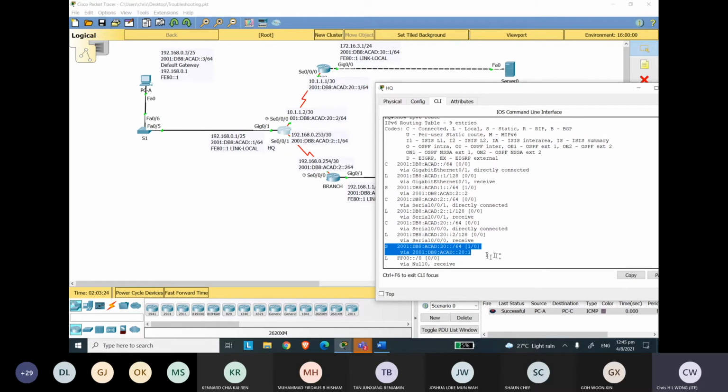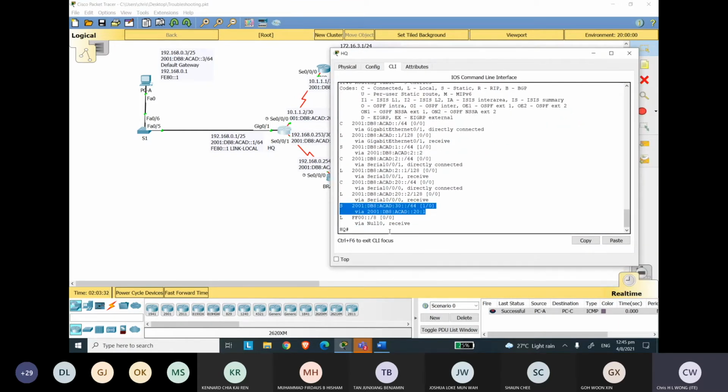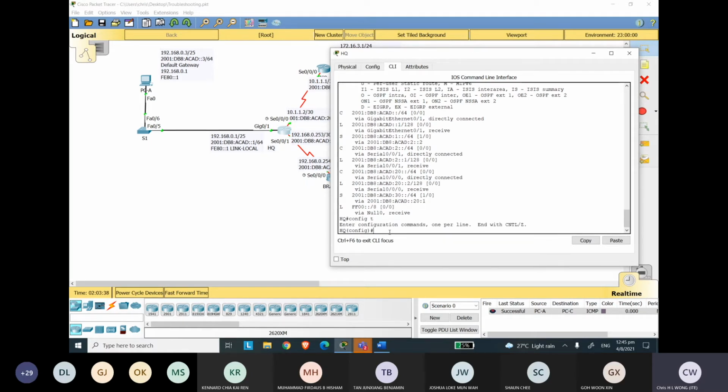So you are going to take this thing out, okay? Let's see anybody who knows how to take this thing out. You are going to config D, okay? Config D, yeah. Right. So you want to take out that static route. So what is the command to take out?